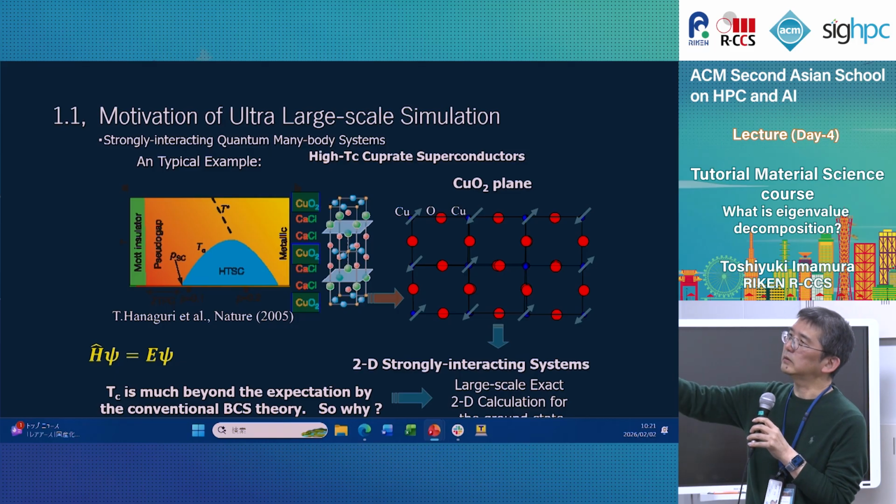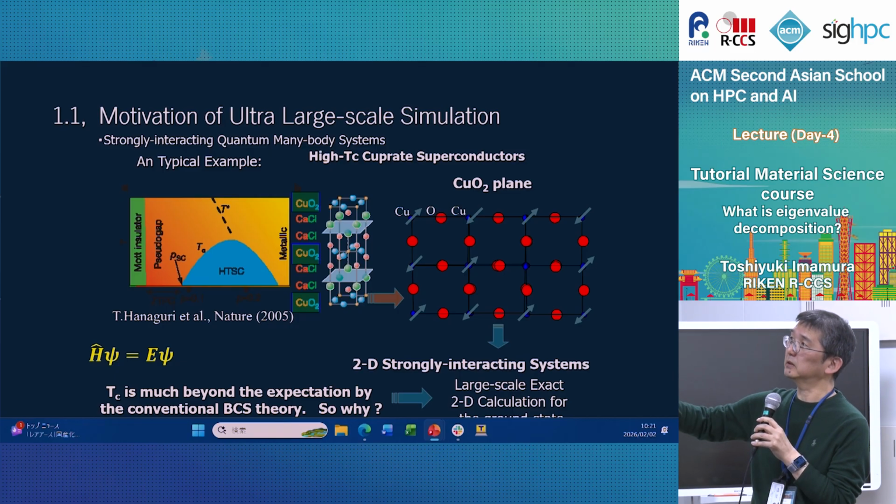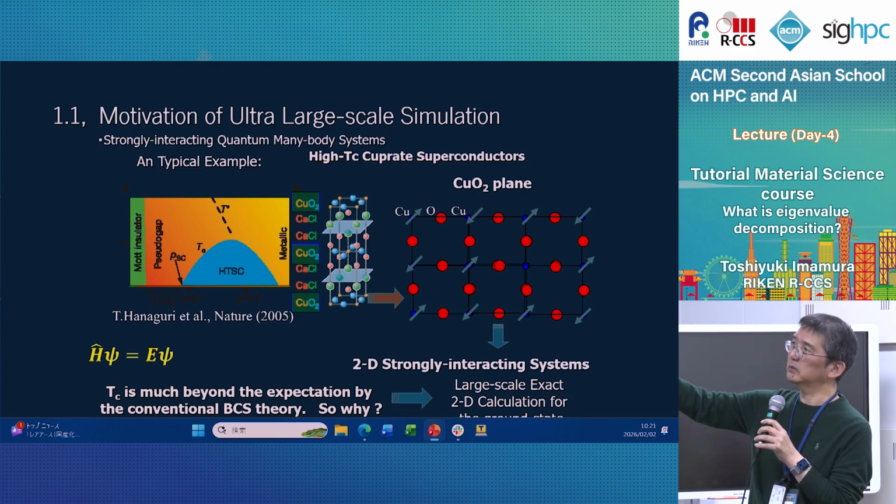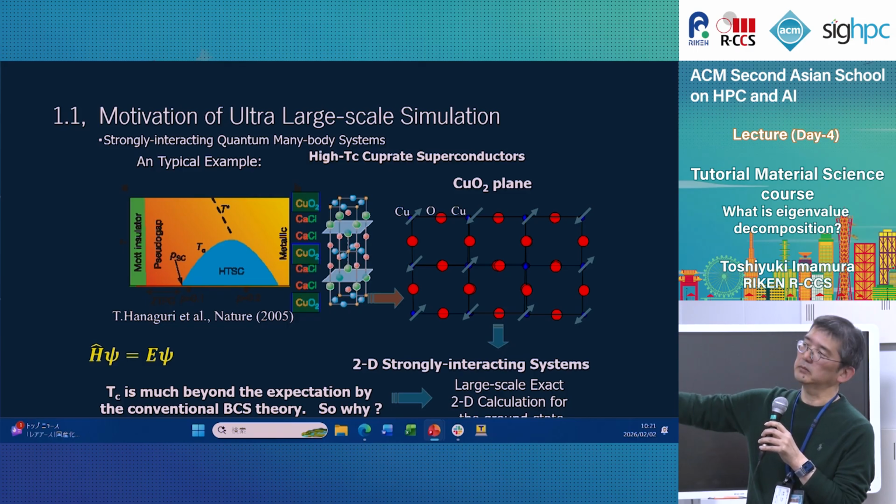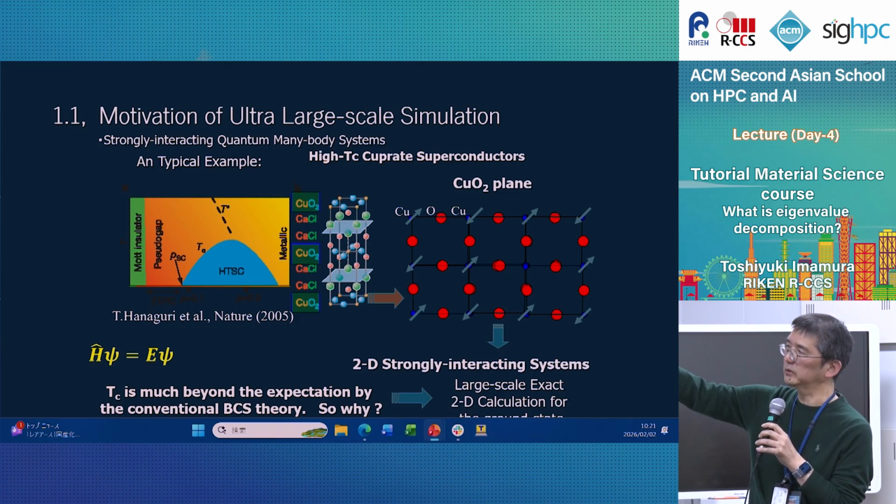The last speaker also said that this maps to a many-body problem. It maps to a regular 2D mesh, a 2D grid.